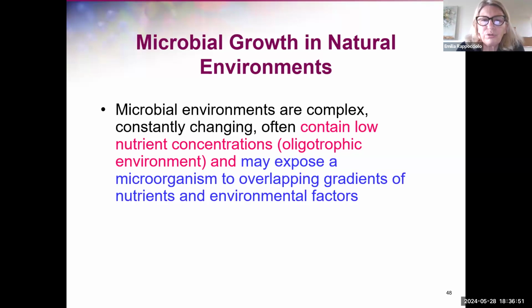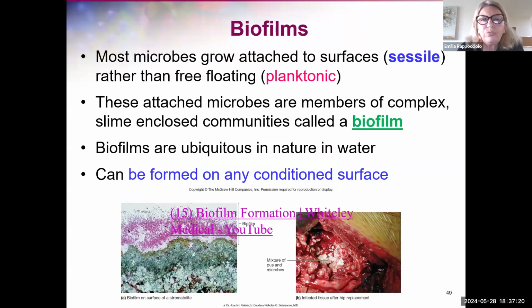They're called oligotrophic environments. And they can also be places where dangerous conditions, which might kill the organism, are present. And so microorganisms need to be flexible in their response to natural environment, and need to be able to respond to this kind of challenging condition.